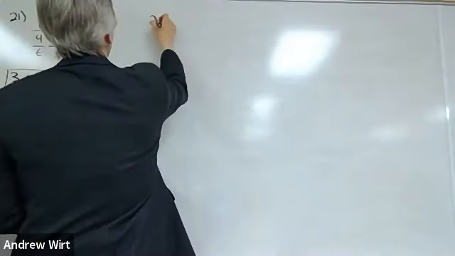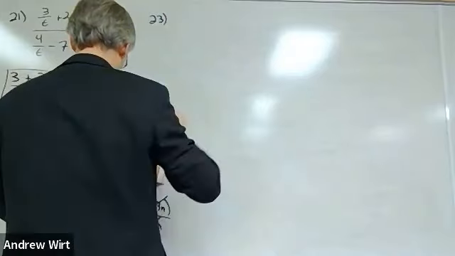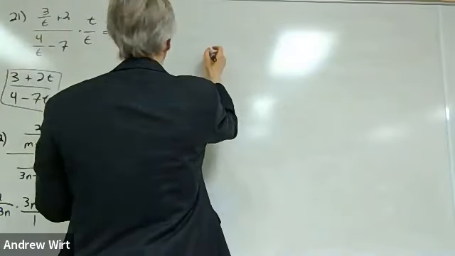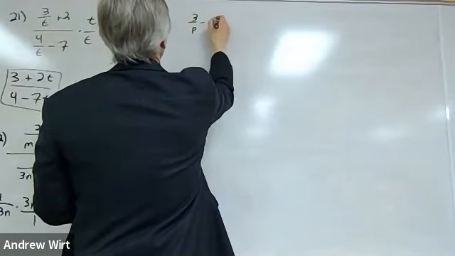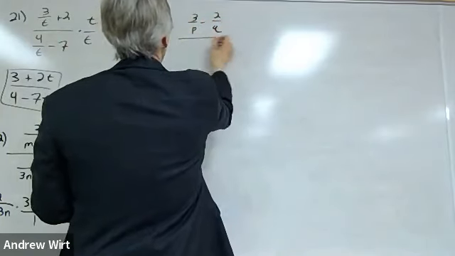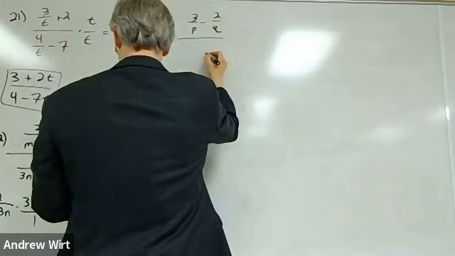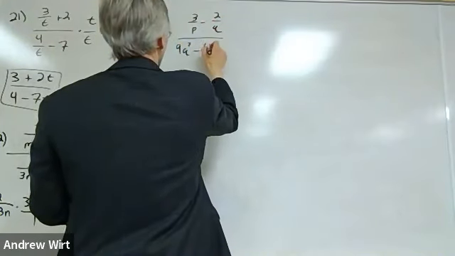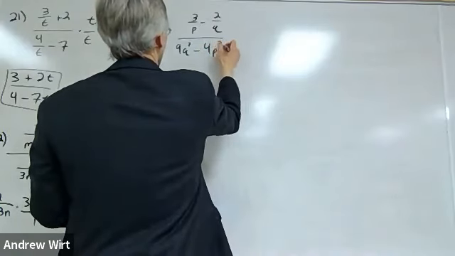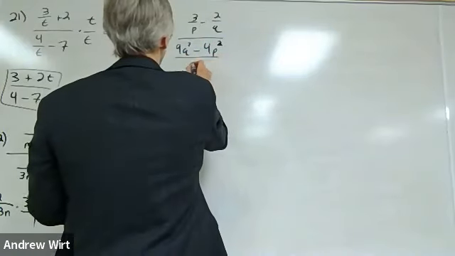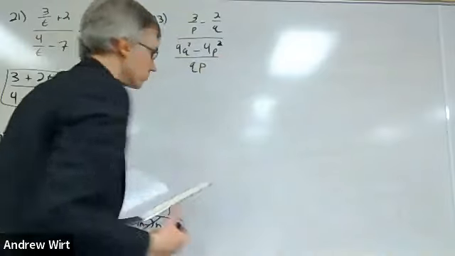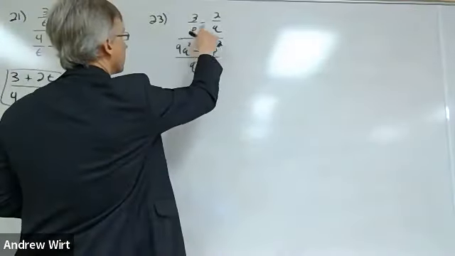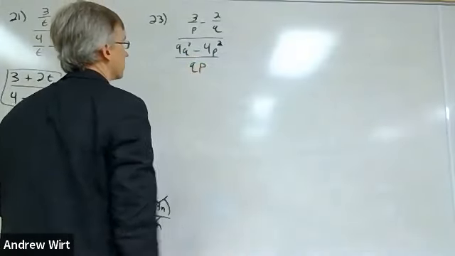Number 23. If we look at all the little fractions, we have p, q, and qp.